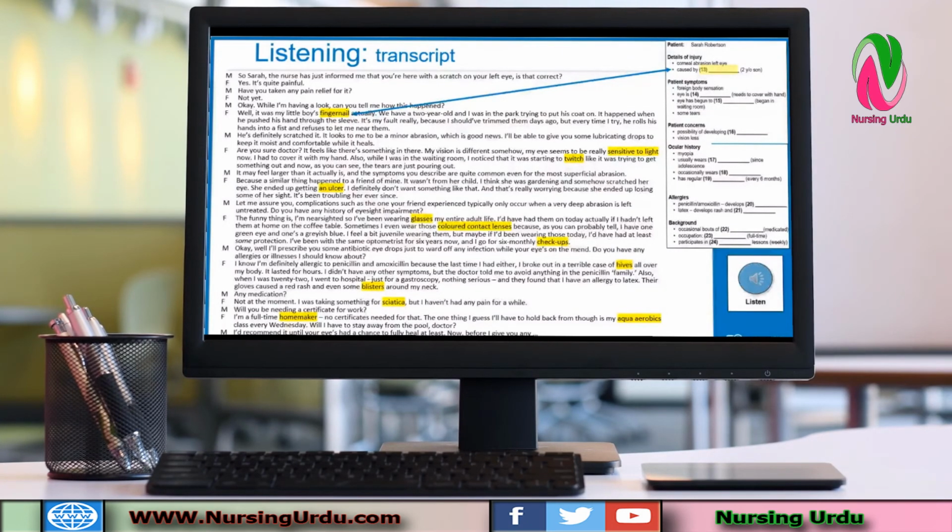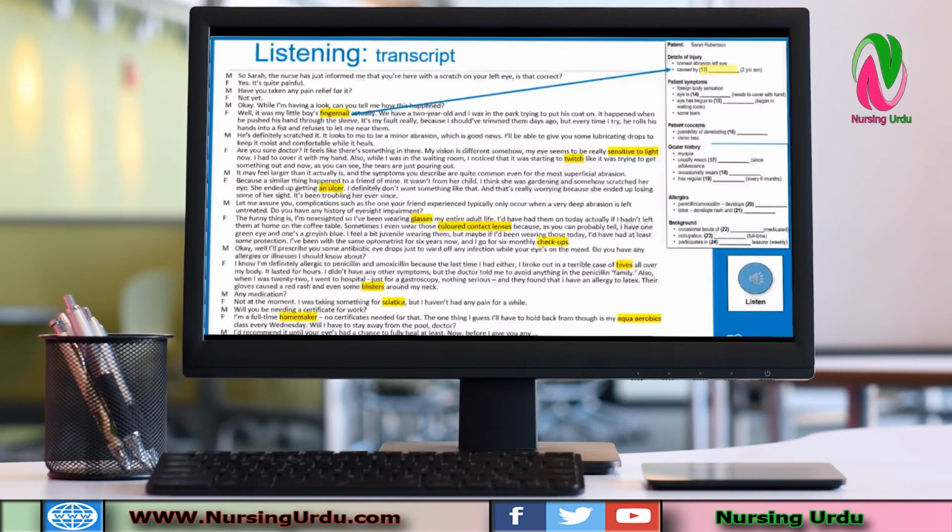It may feel larger than it actually is, and the symptoms you describe are quite common, even for the most superficial abrasion. Because a similar thing happened to a friend of mine. It wasn't from her child. I think she was gardening and somehow scratched her eye. She ended up getting an ulcer. I definitely don't want something like that. And that's really worrying because she ended up losing some of her sight. It's been troubling her ever since.